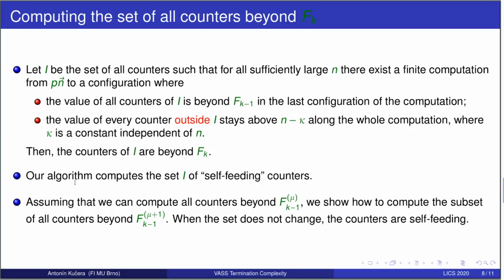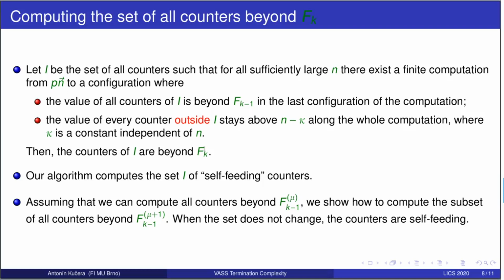This condition is obviously sufficient, because if it is satisfied, we can start in a configuration where all counters are initiated to n, and then use this sequence to pump the counters of I beyond fk.